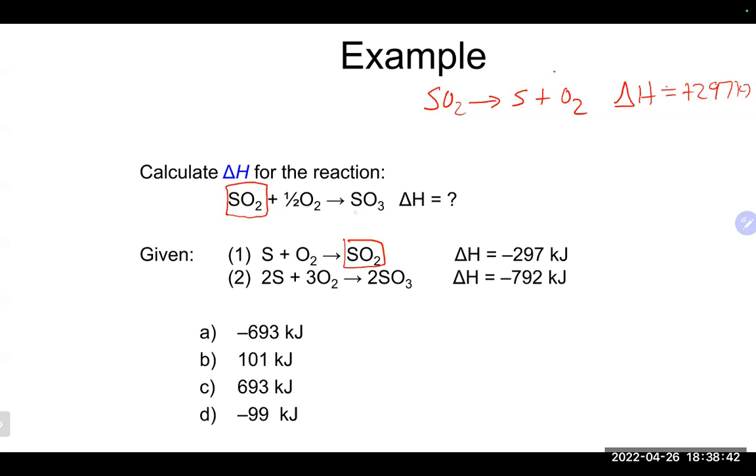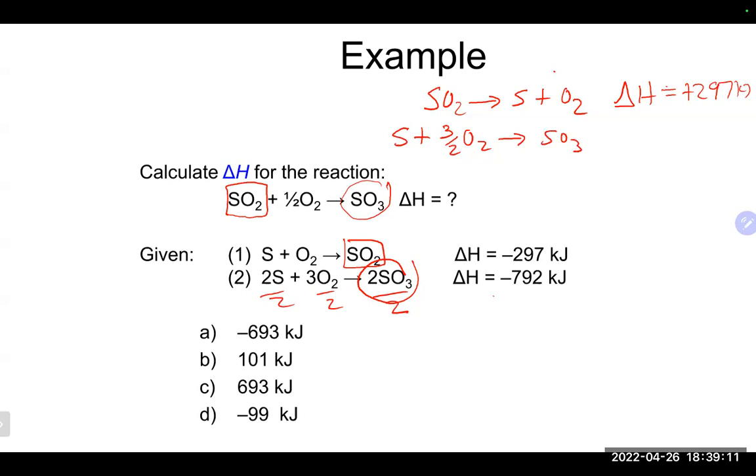The next, maybe I'll look at the SO3, which does need to be on the right-hand side, which it is. But again, in the final, I just need one of them. So I do need to divide everybody by 2. If I do that, I will end up with S plus 3 halves O2 gives us SO3.